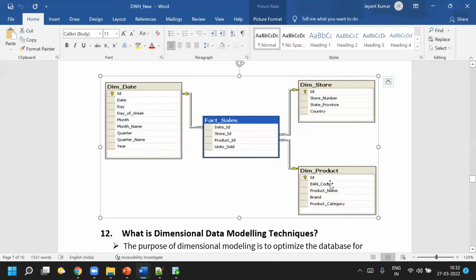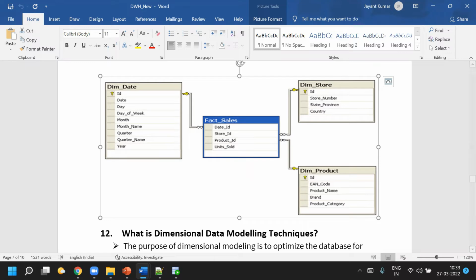From all these dimension tables, data will go to the fact table. In the fact table, date ID is coming from dimension date, store ID is coming from dimension store, product ID is coming from dimension product, and unit sold is its own column.